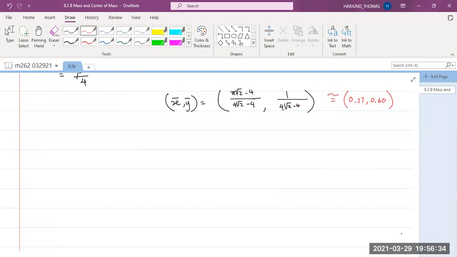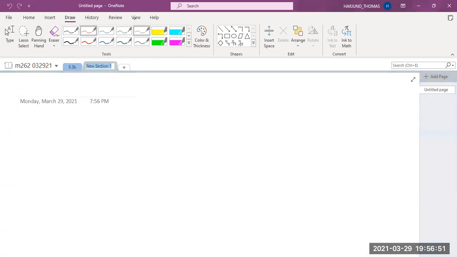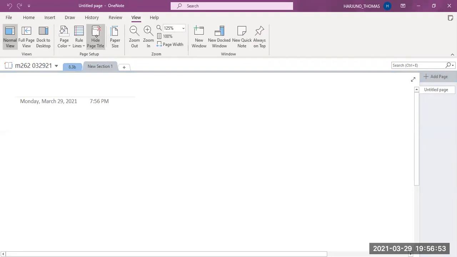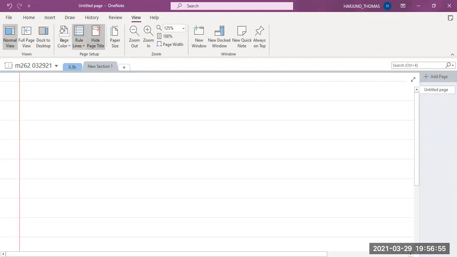Would you like me to do another problem from this 8.3? Now, if not, then let me jump to 8.5. I plan to go over 8.4, but you know what? I'm a probability person.